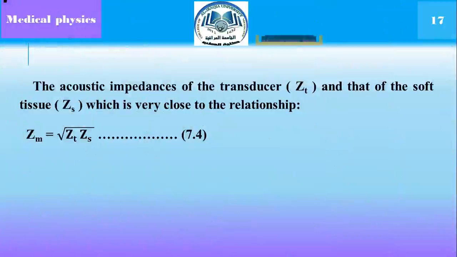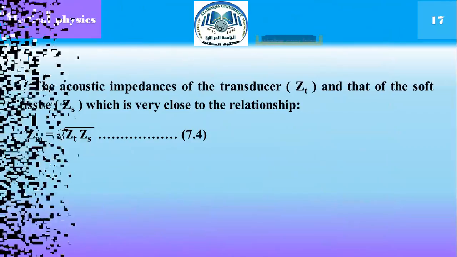The quarter wave matching material enhances the transmission of the ultrasound waves from the transducer to tissues of the body, and also it improves the transmission of ultrasound pulses returning from tissue back into the transducer. This matching material can be manufactured using a mixture of aluminum powder and epoxy resin.